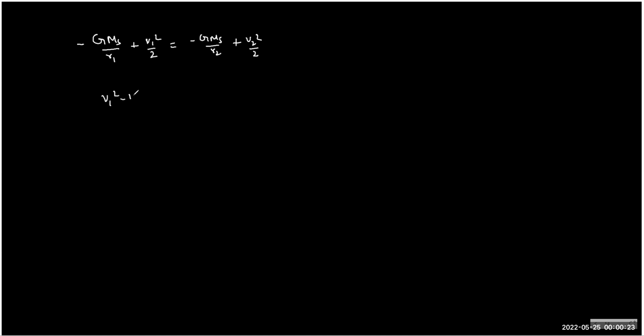V1 square minus V2 square is twice of GMS of... and we know the ratio of V1 and V2 in terms of R1 R2. So V1 R1 is V2 R2. We know, correct? So you can find V1 or V2 or whatever you want. So let's say find V1 and V2 kinetics.